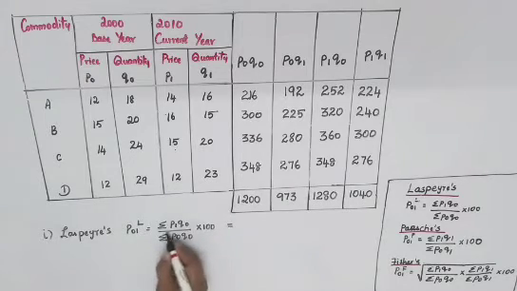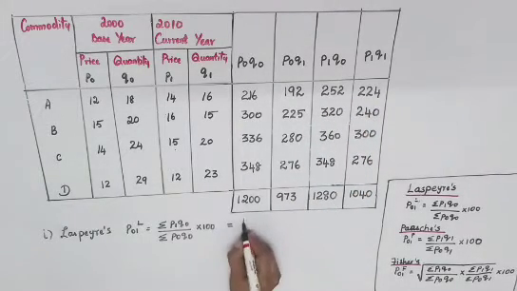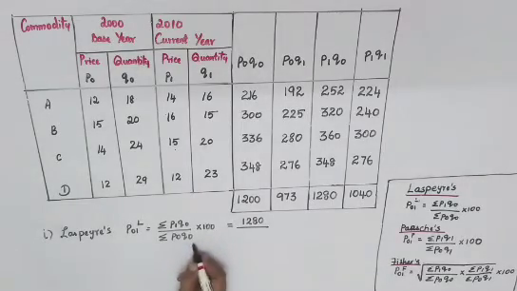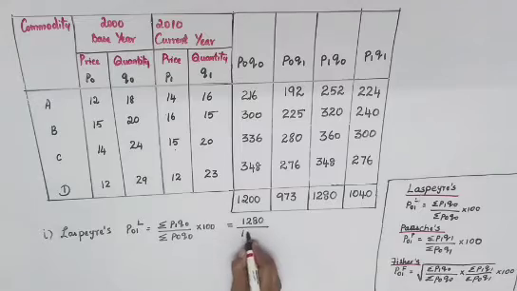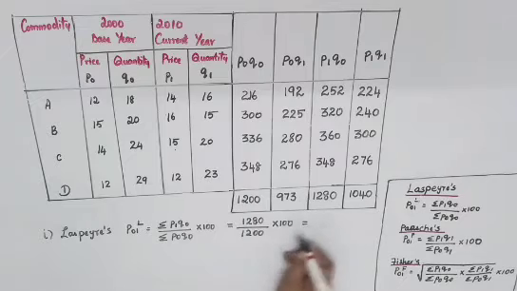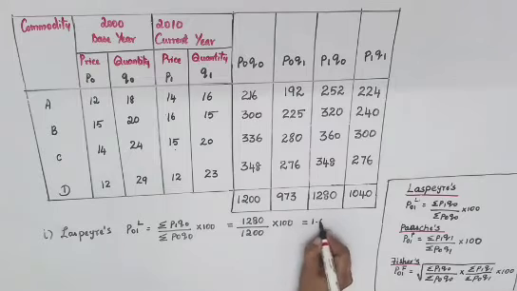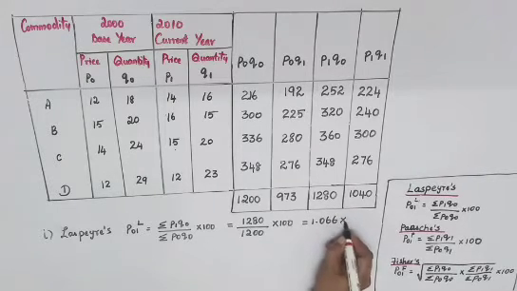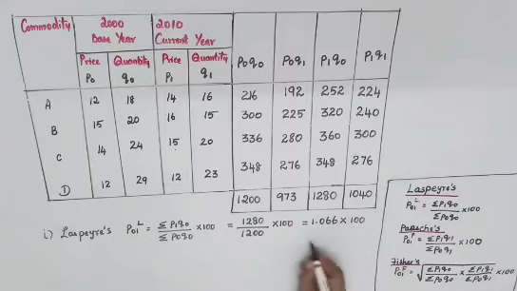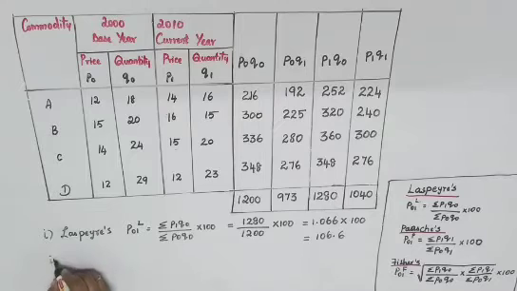Sigma P1Q0 is in your third column, 1280, divided by P0Q0, your first column, 1200, into 100. So 1280 divided by 1200, you will get 1.066 into 100, which is equal to 106.6.